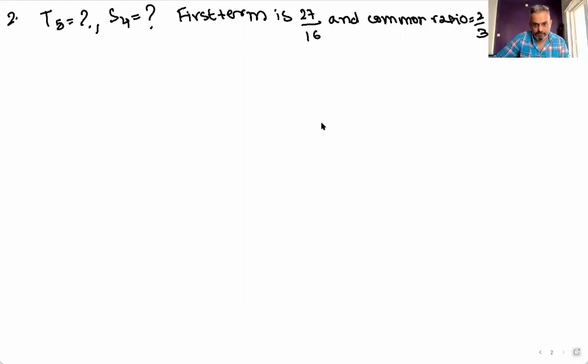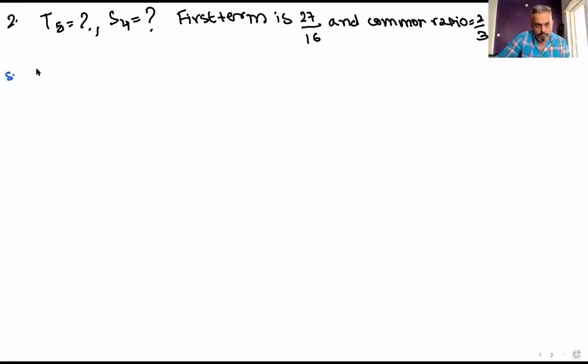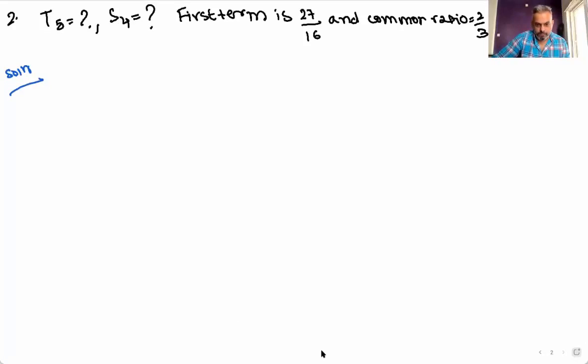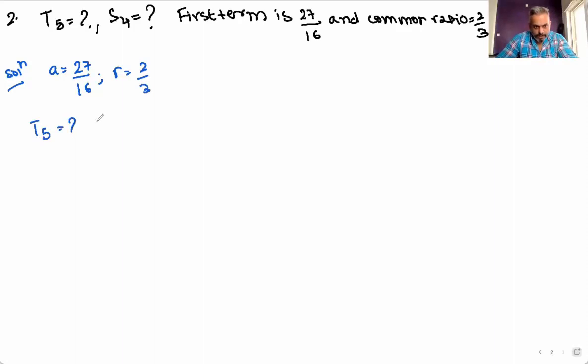So let's start with the sum. Solution. Now, first term A is equal to 27 by 16, R is equal to 2 by 3. T5 is what we have to find. So Tn is equal to A into R raised to n minus 1.